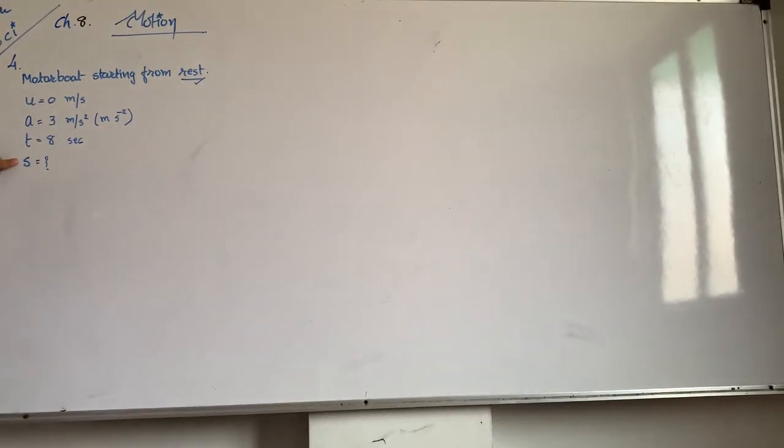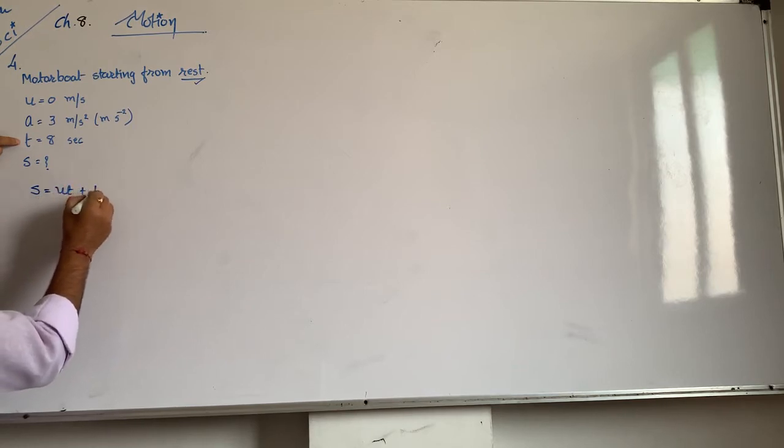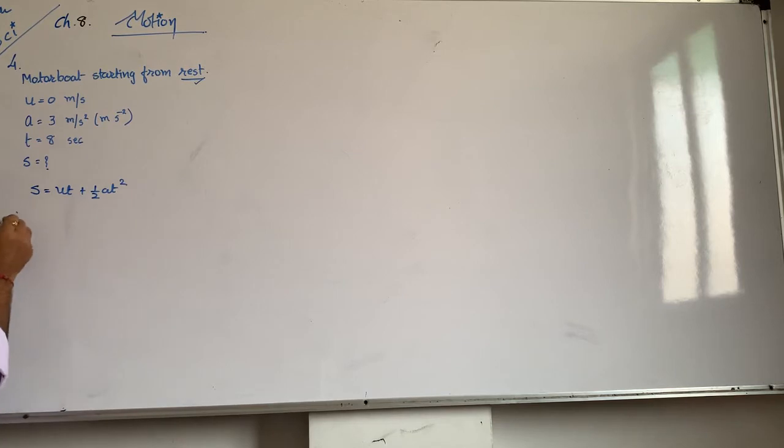See, we want to find S. See the list of formulas. Time is given, so use the formula S equals ut plus half at square. Acceleration is also given, S we want to find, u is 0.